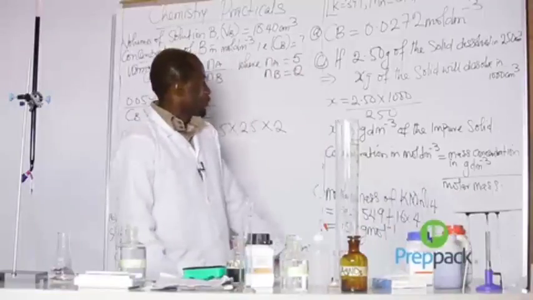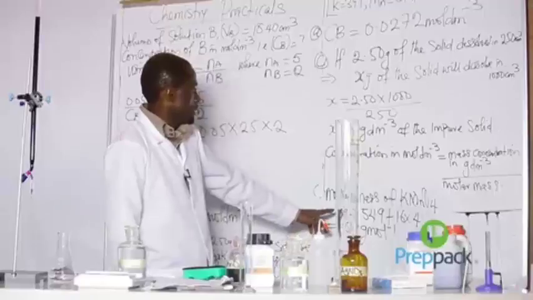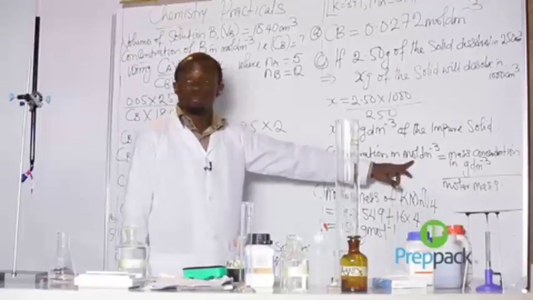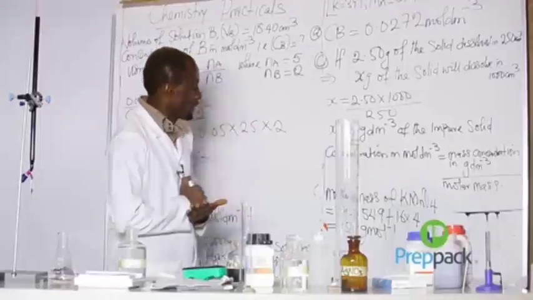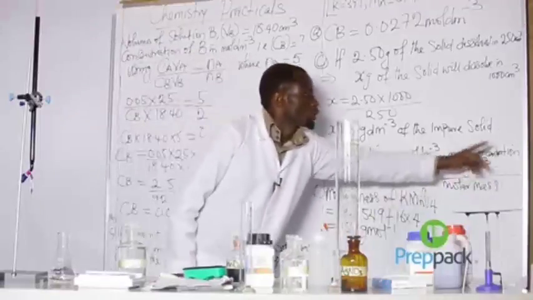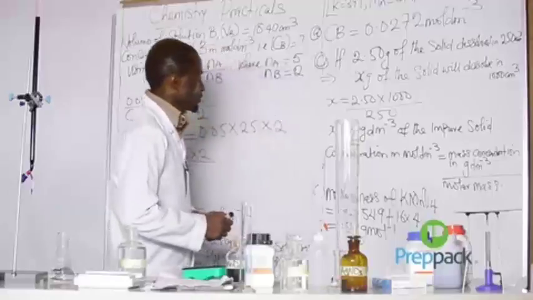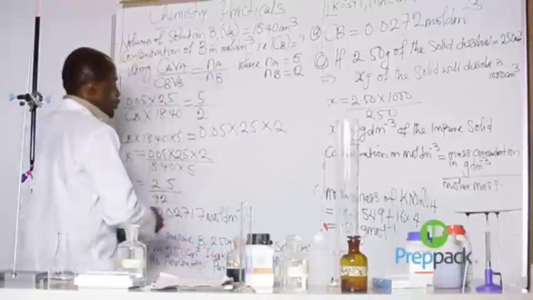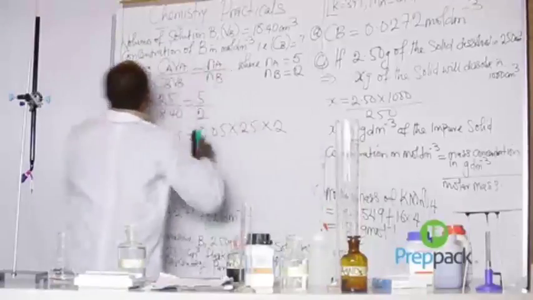I have known the concentration in mole per dm cube of solution B. All I need to do now is to get the mass concentration of solution B. To do that, I need to fit the values into this formula.